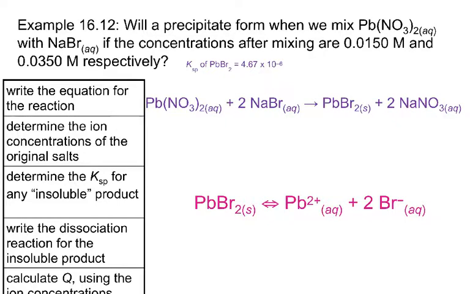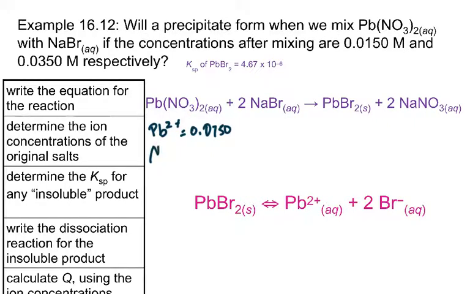Will a precipitate form when we mix lead nitrate with sodium bromide if the concentrations after mixing are 0.0150 molar and 0.0350 molar respectively? All right, so if those are our concentrations, for our lead we're going to have a concentration of 0.0150.